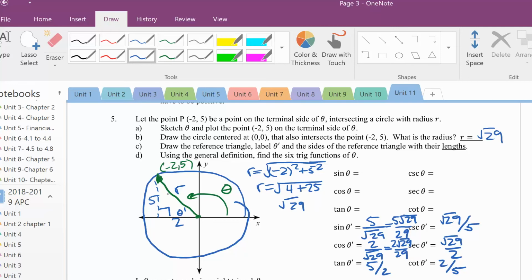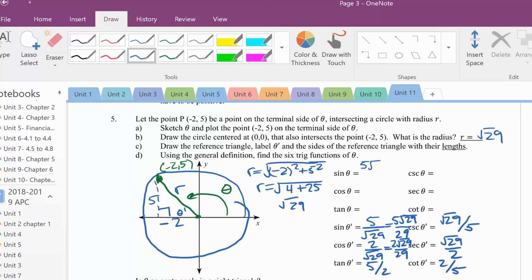Now, because it's in the second quadrant, the 2, or the x, is negative, which means when you find the value of the actual trig function, not just the reference triangle, the cosine and the tangent will be negative, the sine will be positive.